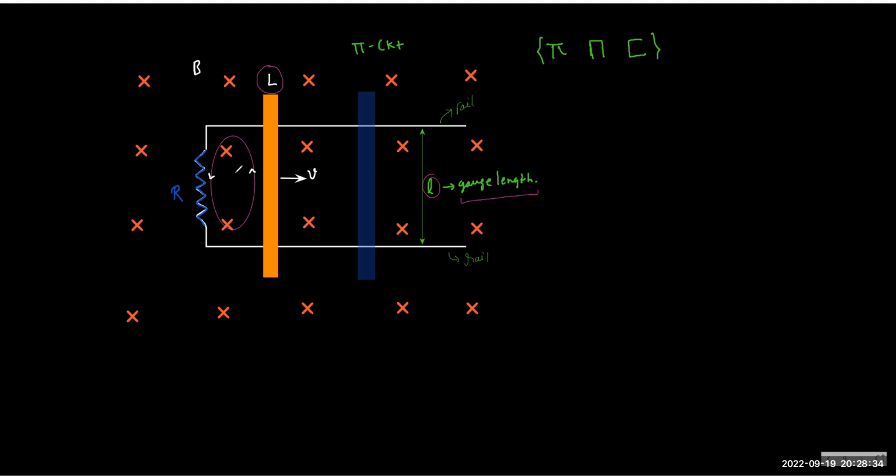To compensate as per Lenz's law, the induced current will be like this, isn't it? Do you realize this? Yes. So as the current will go this way, the electron will go in the opposite direction, isn't it?